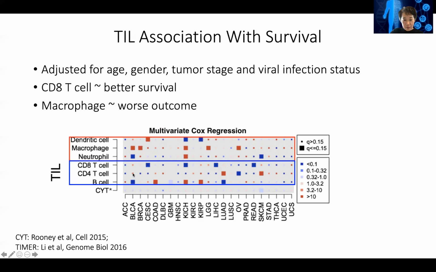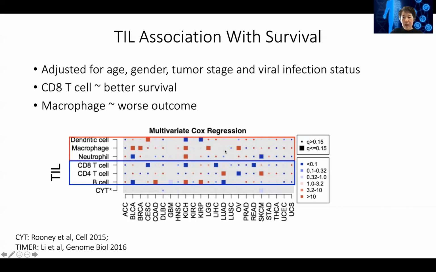The little square indicates the survival death risk of the patient. Red means bad, blue means good. And if the square is big, it means the p-value is more significant. And so you can see here across many cancer types, overall, this is very red, even though only a subset of those are statistically significant.